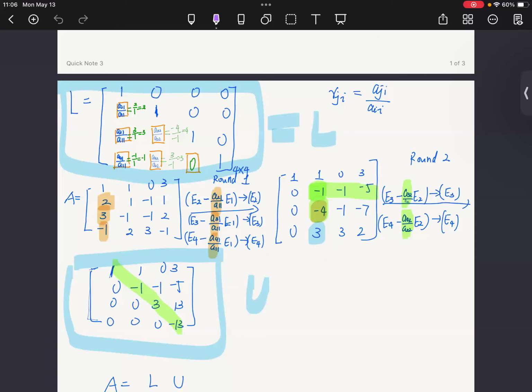If I want to write it with the correct notation, let's say this is the original matrix A1. This is the result up to round 1, and we call it A2. And this is A3.